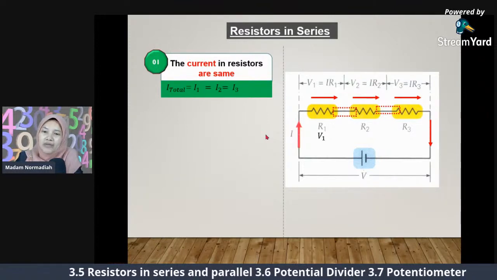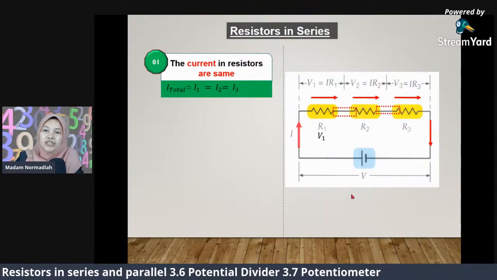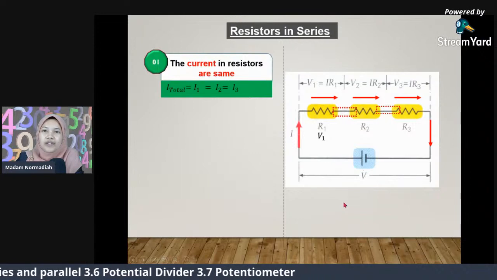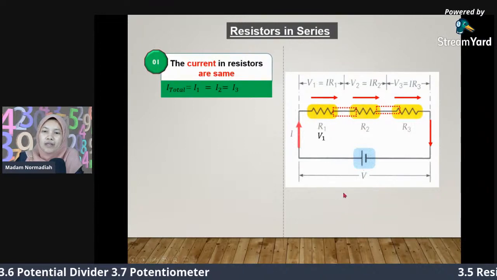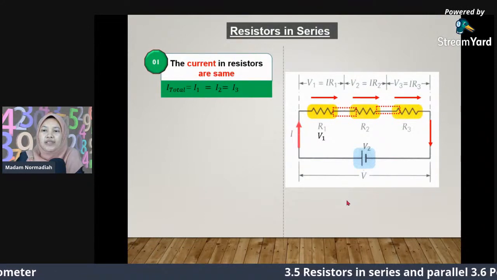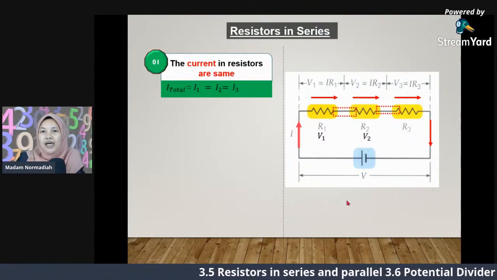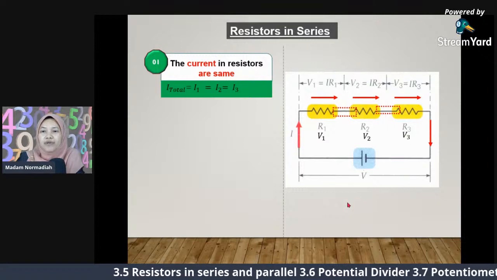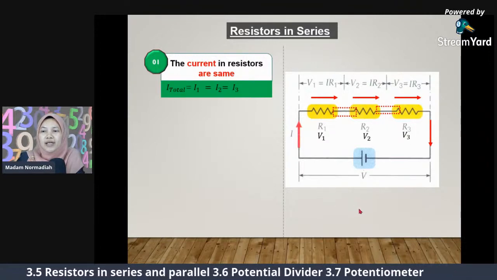And guys, how about the voltage drop? The voltage drop across all the resistors: for resistor 1, we can label it as V1, for resistor 2, we label it as V2, and for resistor 3, we label it as V3.